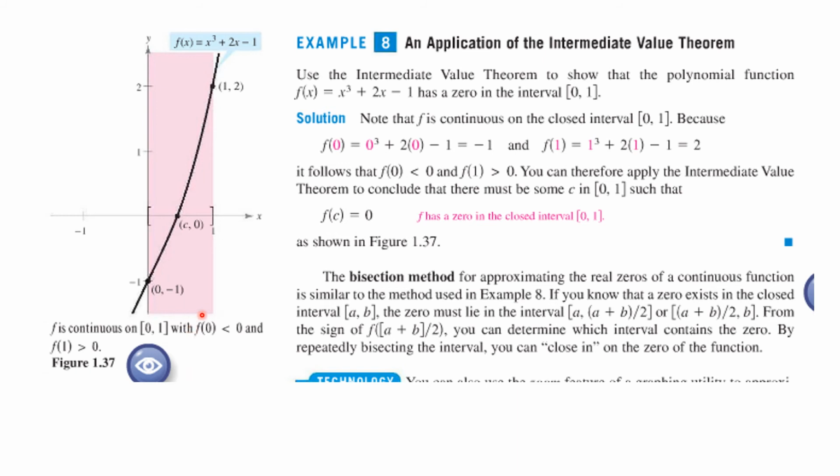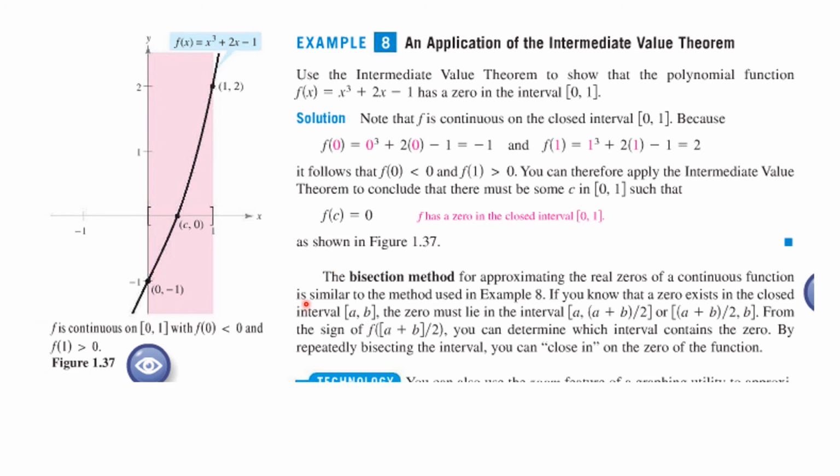That means it takes on every value between f at 0, which is negative here, and f at 1, which is positive on the other end. So it takes on every value between them, and that means it crosses the axis because there's some value at which it crosses 0, because 0 is between -1 and 2.